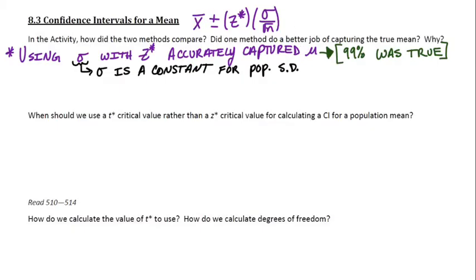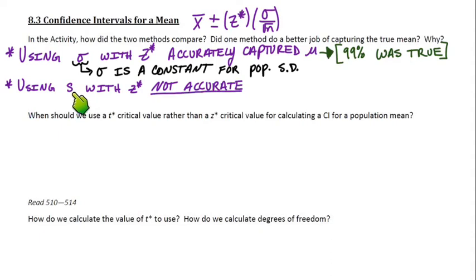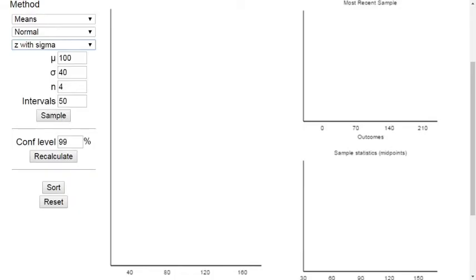The one that didn't work so well was when we used s instead of sigma. So if we use s, that's lowercase, stands for the sample standard deviation, with our z-star, that actually was not accurate. So let's take a look at the applet again. And I'm going to change this from being z-star with a sigma, right, to z-star with s.